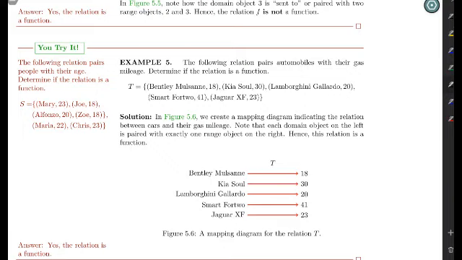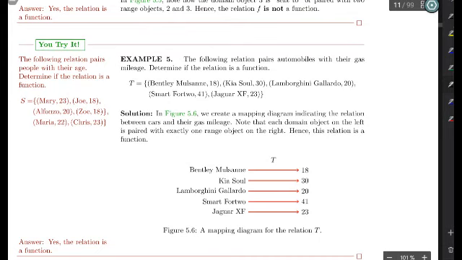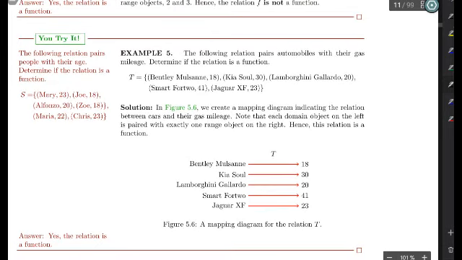Well, you have the Bentley Mulsanne, which gets 18 miles per gallon, a Kia 30, a Lamborghini 20, Smart 21, and the Jaguar 23. All right. We have how many? 5 different cars.